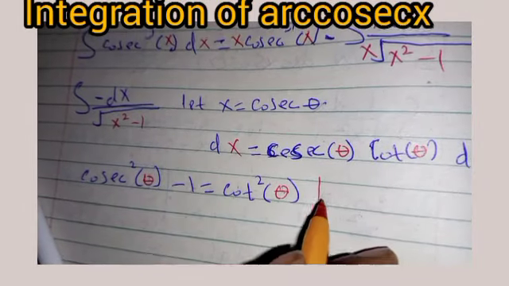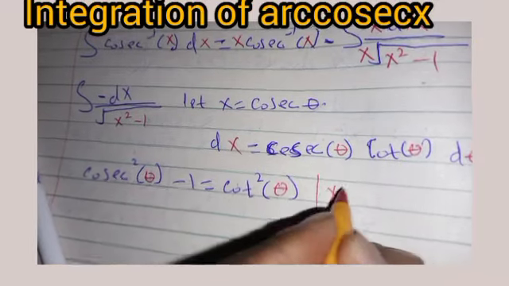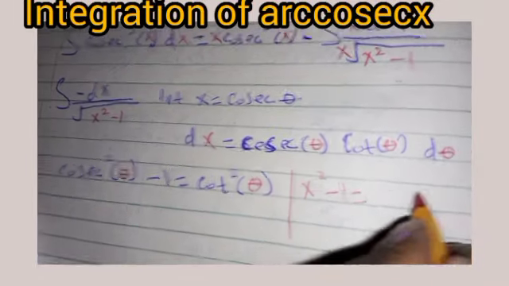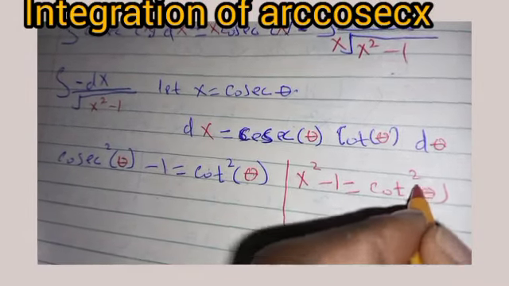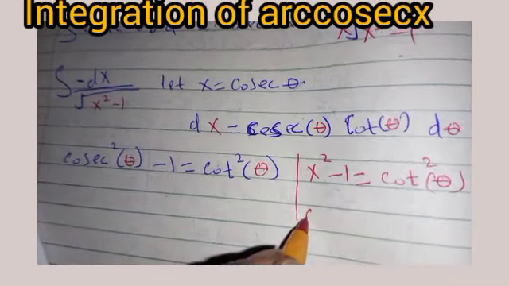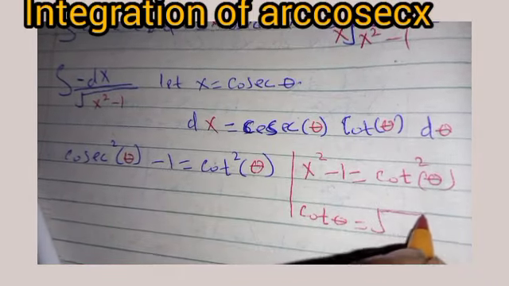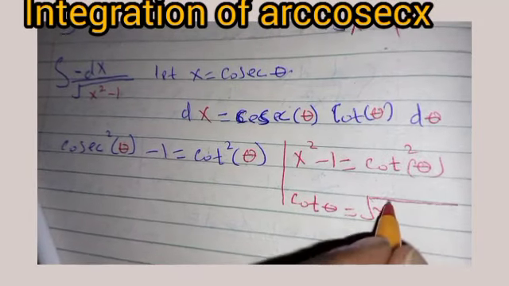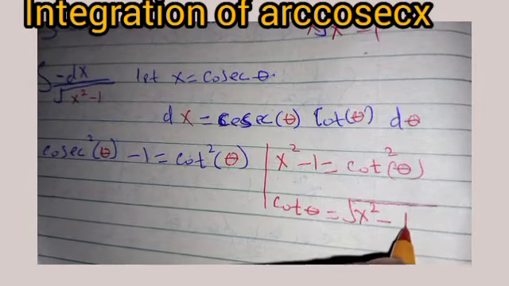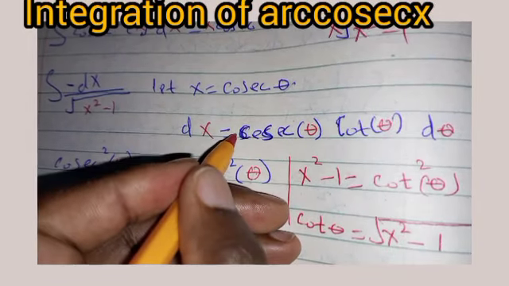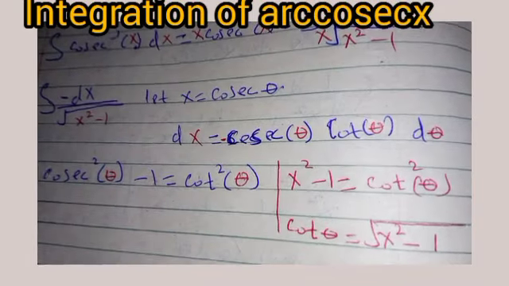Note there that cosec theta is x, so we can write x squared minus 1 is equal to cot squared theta. You can take the square root, meaning that cot theta is equal to the square root of x squared minus 1.